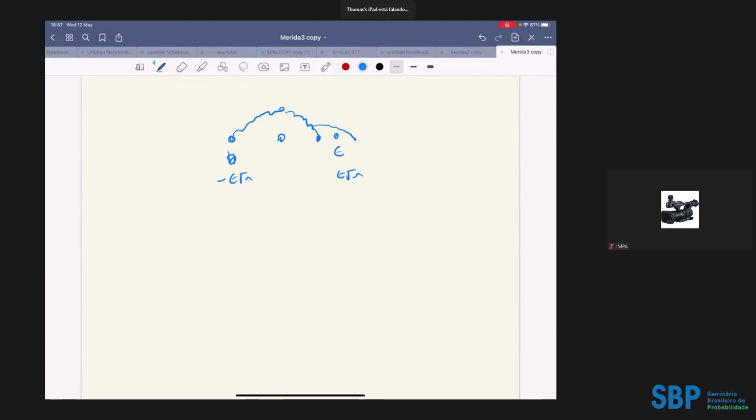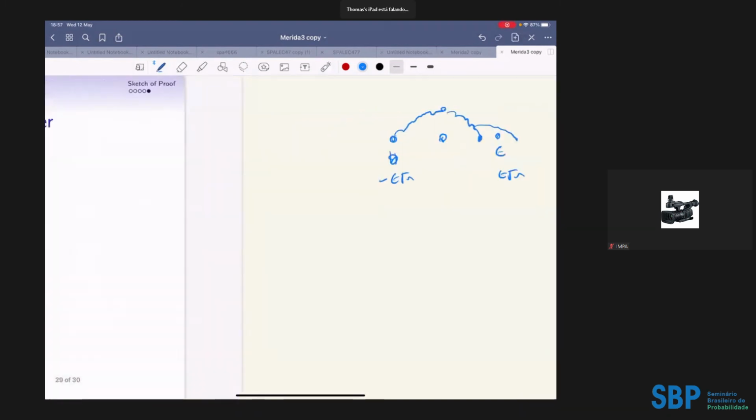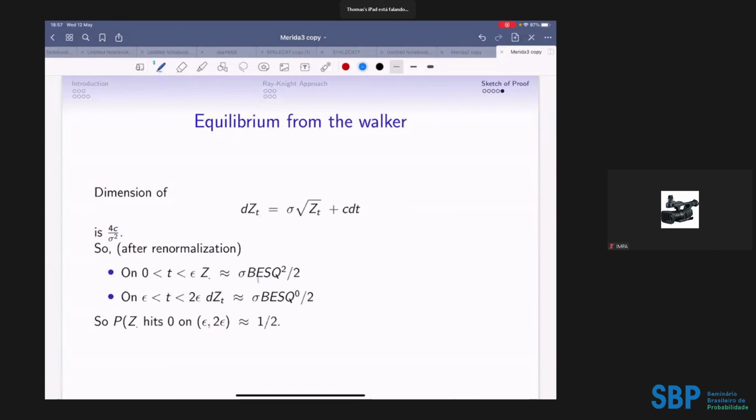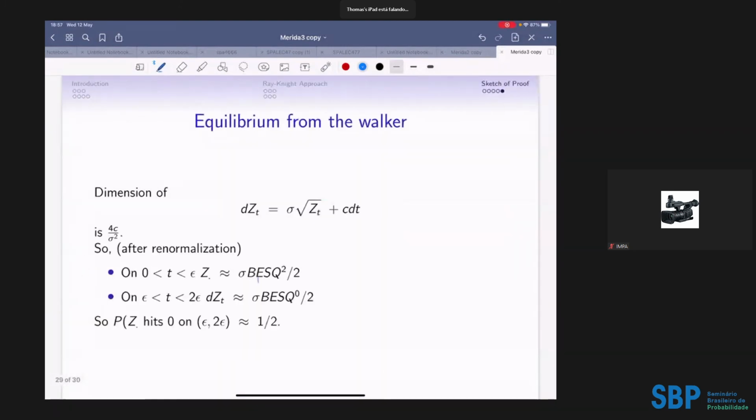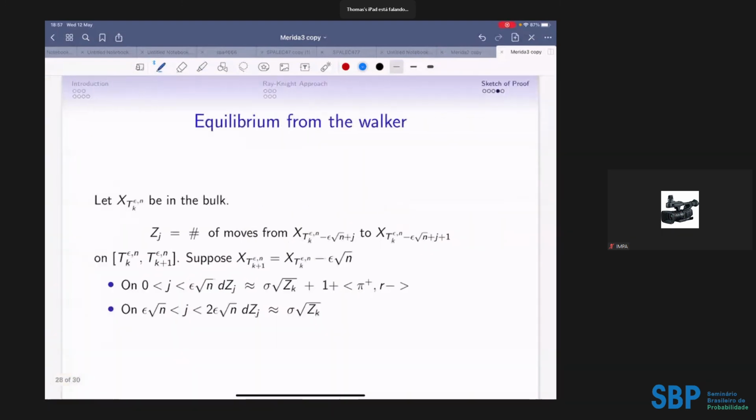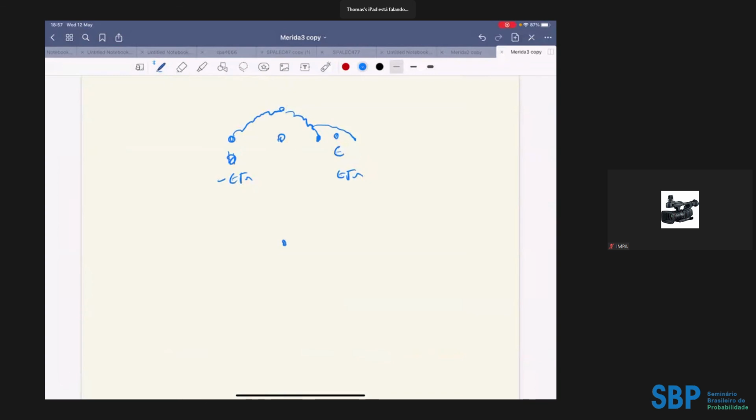And we know from the Ray-Knight theorems for these processes governing the local times that the probabilities are half. So this diffusion approximation tells us that in the bulk, we are going to move approximately to the left with probability half and to the right with probability half.